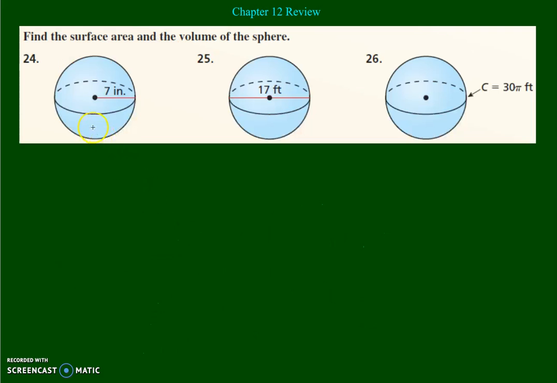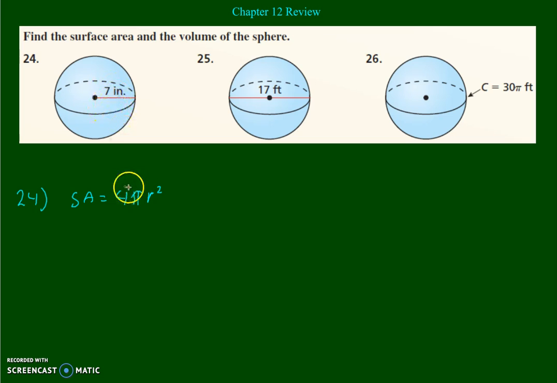In problem 24, we've moved into the world of spheres. So let's go ahead and find the surface area and volume of the sphere. To start off, let's put the formula. Surface area is 4 pi r squared. And the reason for that, as you remember in our lessons, is that a circle with the same radius as the sphere would cover exactly 1/4 of the sphere.